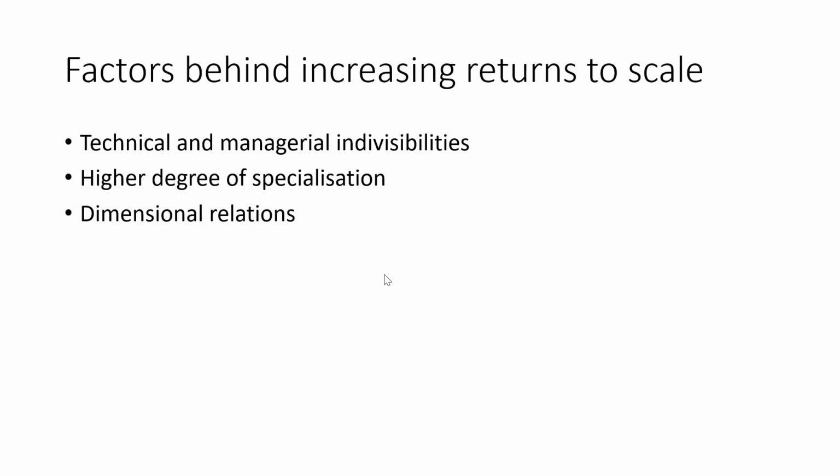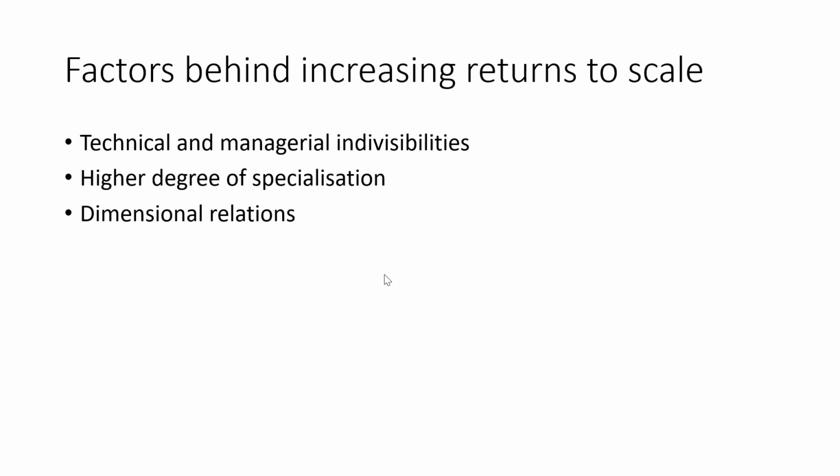So when the scale of production is expanded by increasing all the inputs, the scale of production of indivisible factors increases exponentially because of the technical advantage. And therefore, the increasing productivity of the individual inputs gives increasing returns to scale.